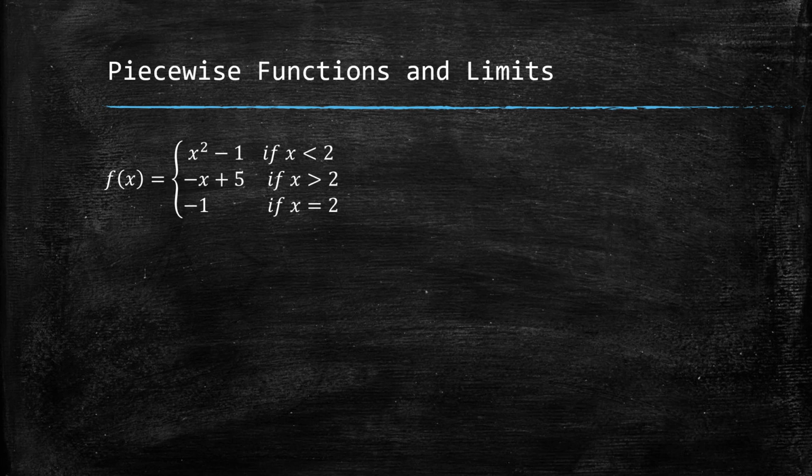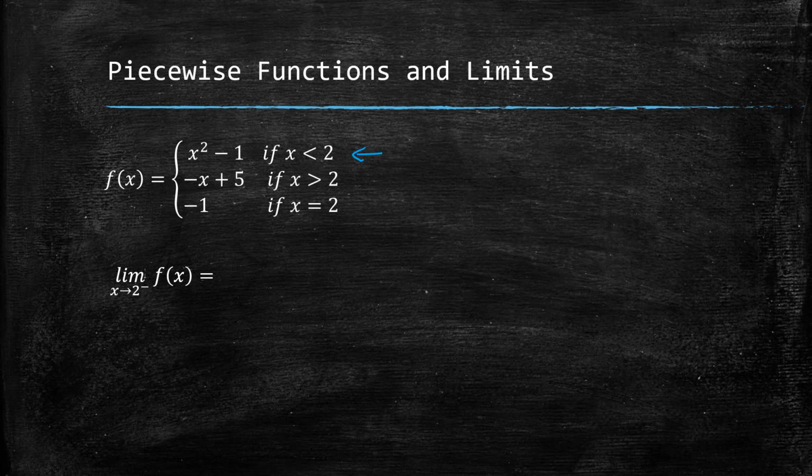We're interested in what's going on at 2 because at x equals 2 we have a change in definition in the function, and that's potentially where you might have gaps or breaks or holes in the function. So let's look at 2 from the left. If x is approaching 2 from the left, that means we want x to be slightly less than 2, which means that we are going to use this definition here.